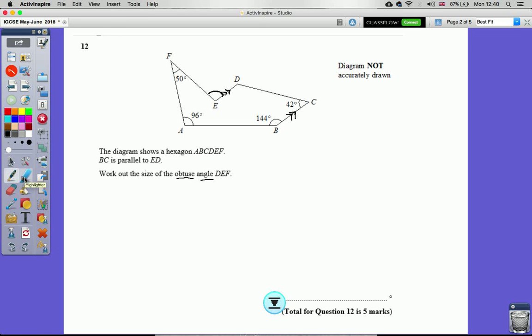There are various ways, but I'm going to start with the sum of interior angles of a hexagon.